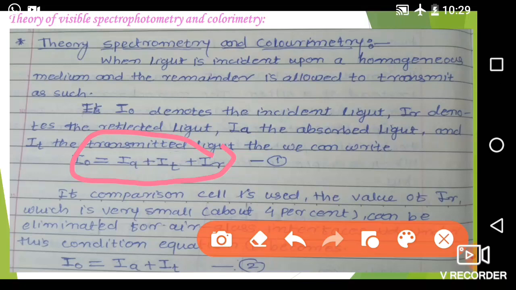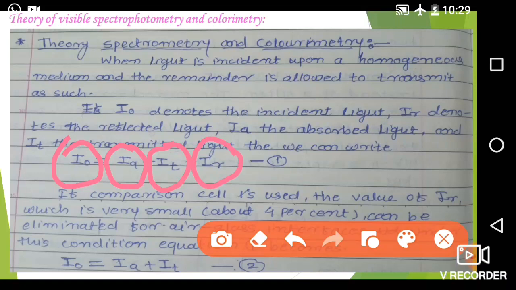So the intensity of incident light, I0, is equal to the intensity of absorbed light plus the intensity of transmitted light plus the intensity of reflected light.